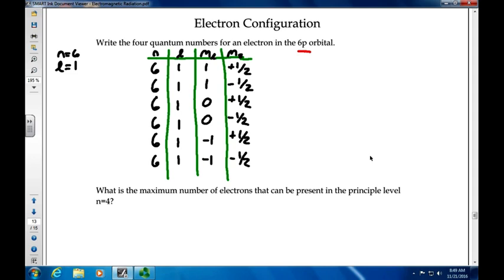So when you're looking at this particular example, you know that there's only 1 electron that satisfies 6, 1, -1, -1/2 as the 4 quantum numbers.